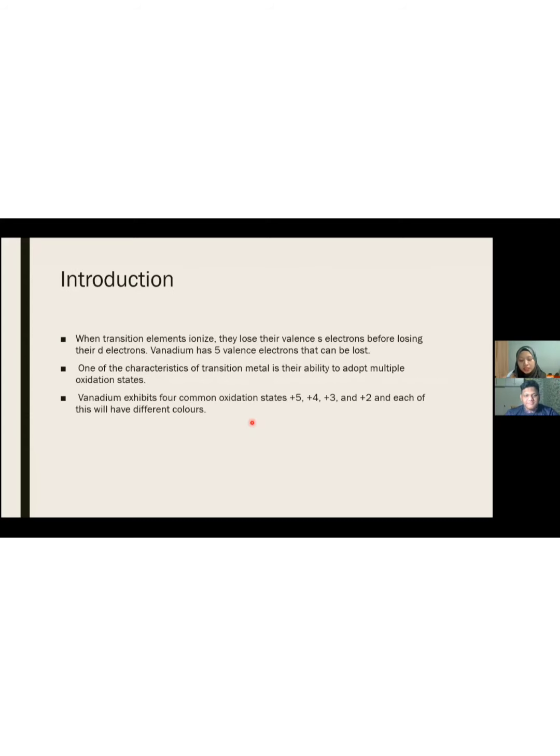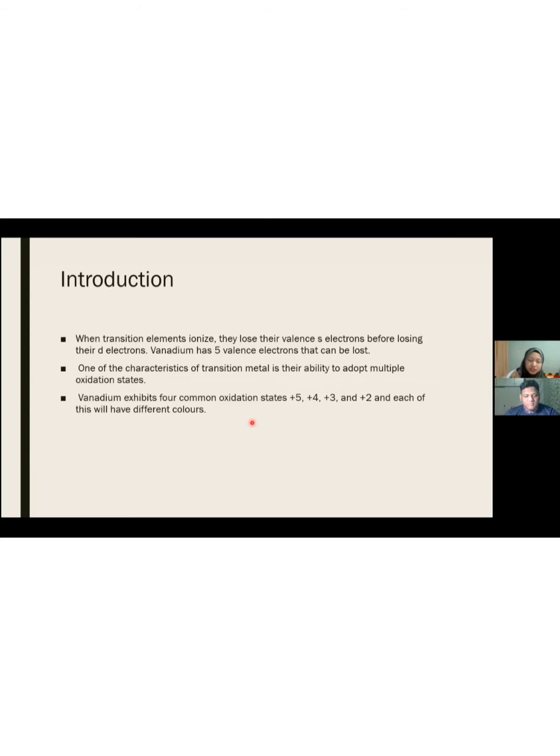As we know, vanadium is a special and rare element in the periodic table, and it can be classified as a transition metal. When a transition element is ionized, it will lose its valence s electrons before it loses its d electrons. Vanadium has 5 electrons that can be lost.